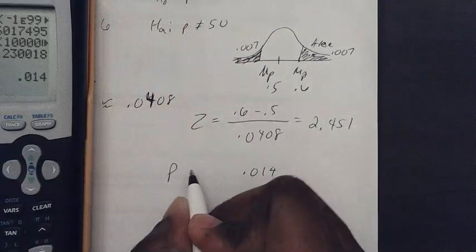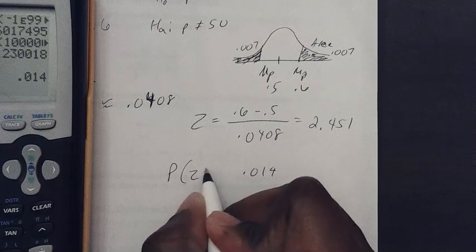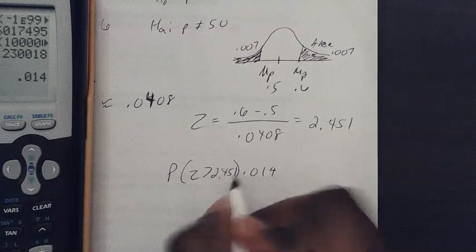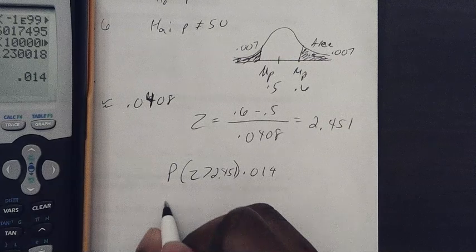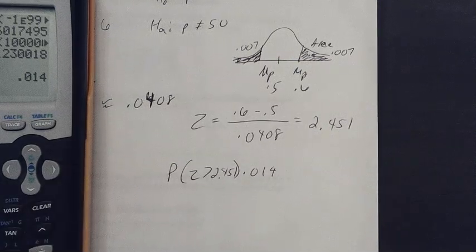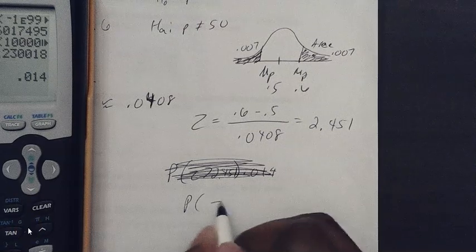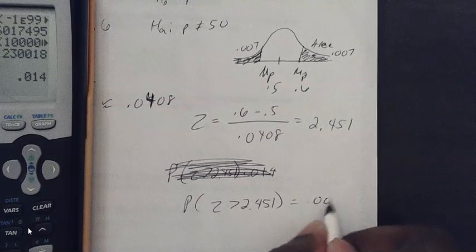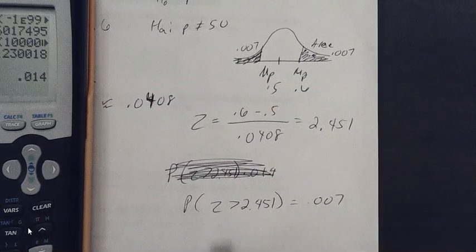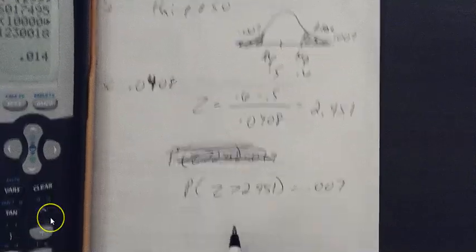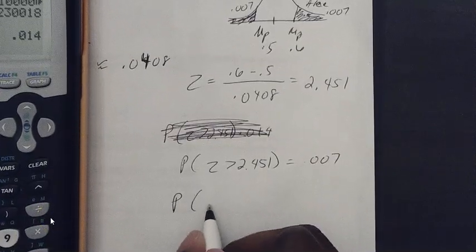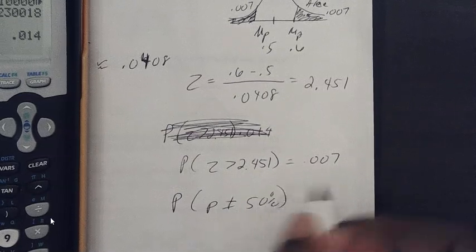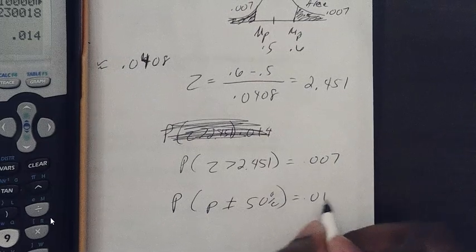So find the probability that z is greater than 2.451, which is equal to 0.007, and the probability that p is not equal to 50% is twice that, so 0.014.